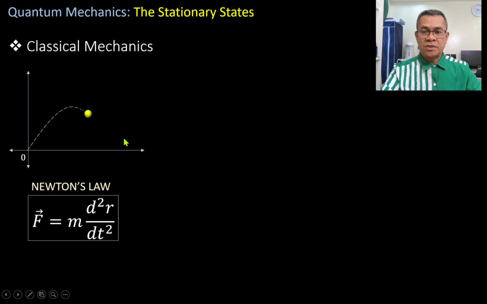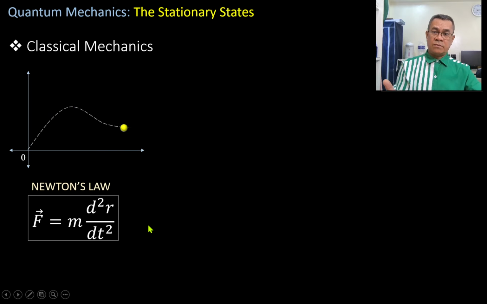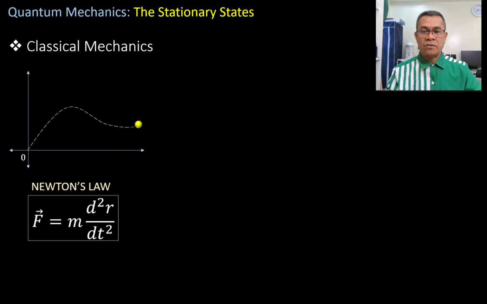And that position with respect to time can be differentiated and we have the velocity. Meaning if we have a position, take the derivative of that with respect to time, we can solve for the velocity. And also, if we have a velocity, we can also solve for the acceleration.